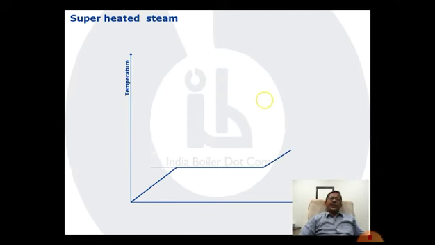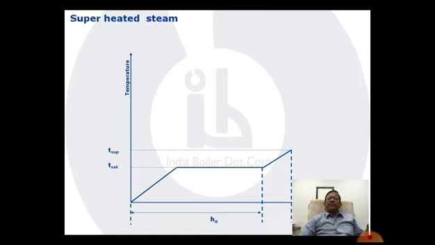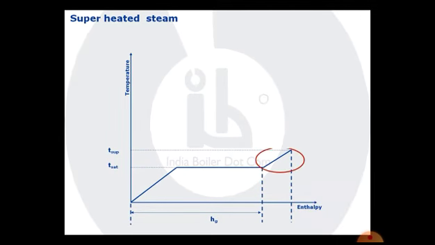Now, if it is a superheated steam, let us say a superheated steam with a temperature T sup. The saturation temperature was T sat, right? So the amount of heat which it has already received is the Hg, and this is the amount of heat which has been added to Hg.